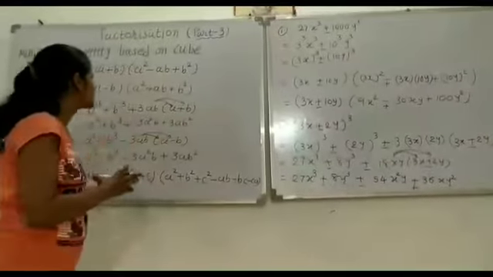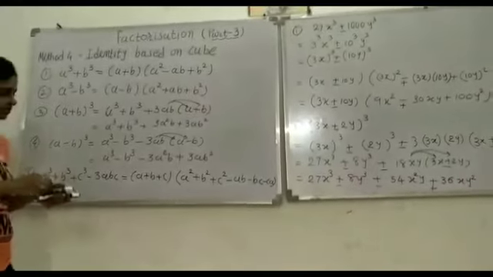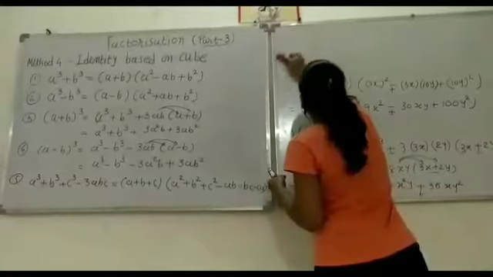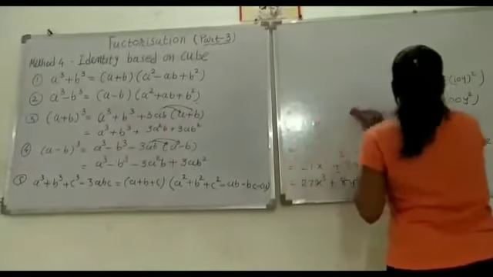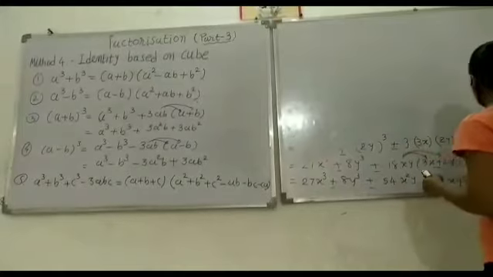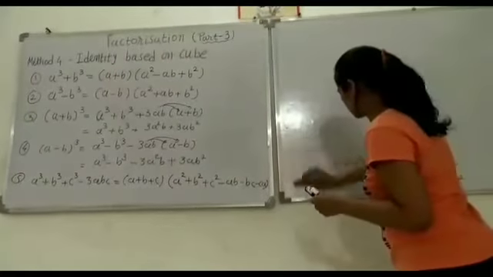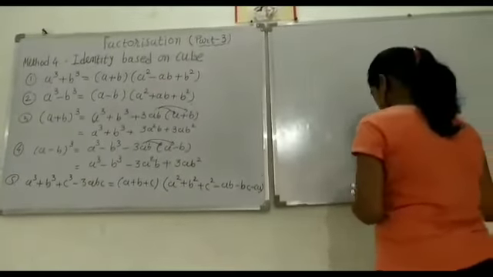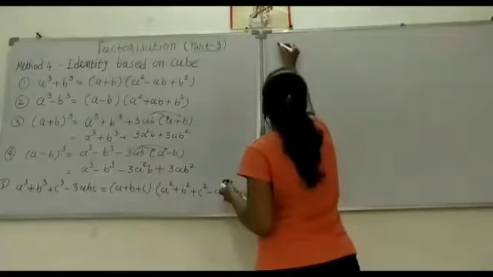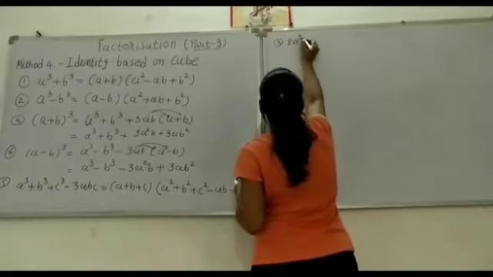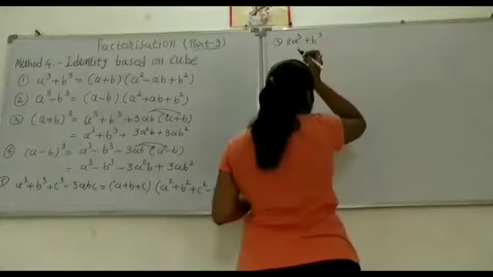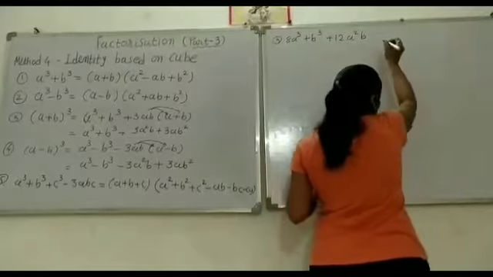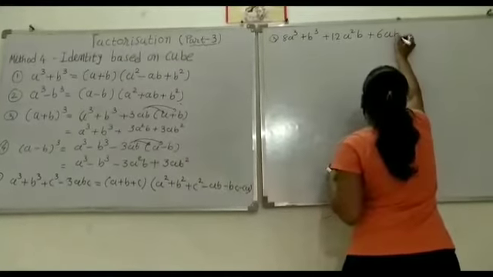Now we consider its converse example. Suppose you have 8a cube plus b cube plus 12a square b plus 6ab square.